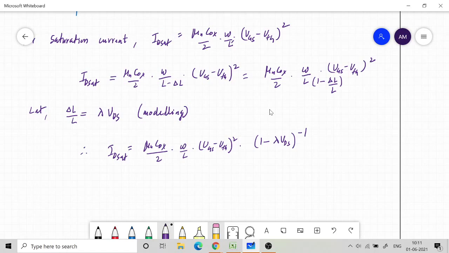So this is an additional term that has come when we try to model the effect of channel length modulation.